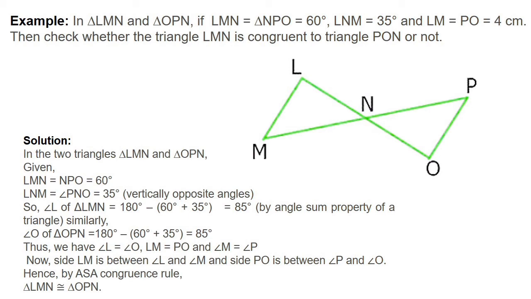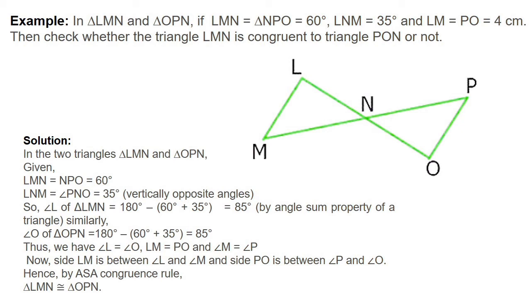They are vertically opposite angles. So angle L of triangle LMN is equal to 180 degrees minus (60 degrees plus 35 degrees), which is 85 degrees, by the angle sum property of a triangle. Similarly, angle O of triangle OPN is equal to 180 degrees minus (60 degrees plus 35 degrees), which is 85 degrees.